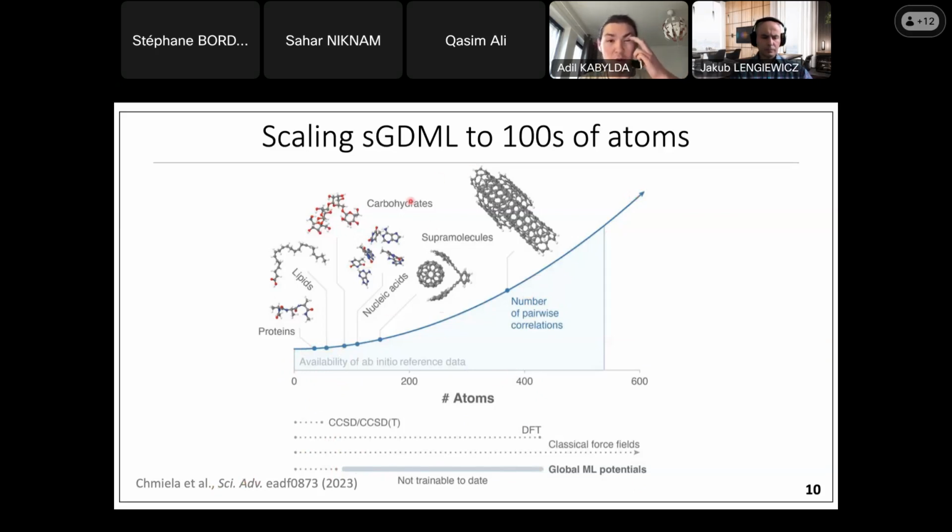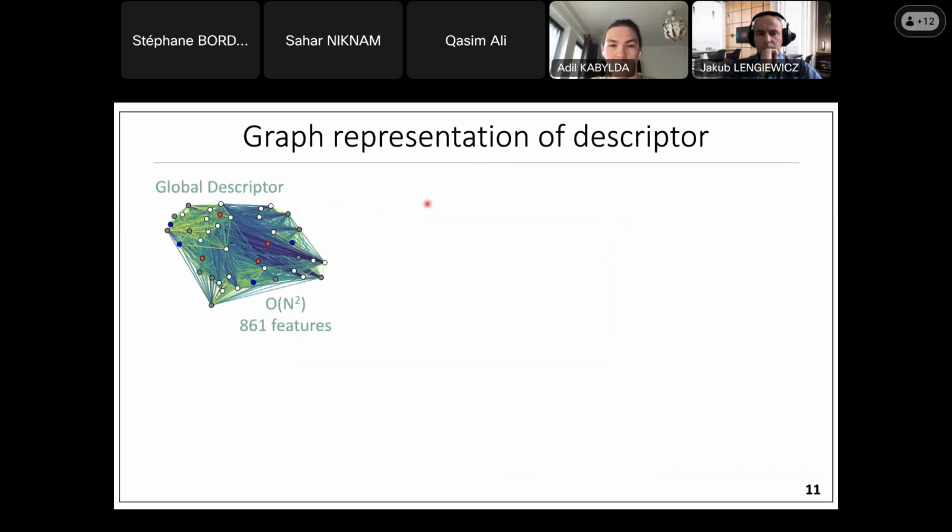And we could model all of the molecules in the MD22 dataset without potentially uncontrollable approximations. Because of this quadratic scaling, people usually impose a cutoff radius and only model interactions within this cutoff. Here we could model everything at arbitrary length for the whole molecule.